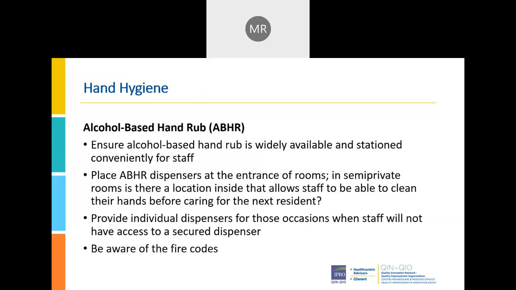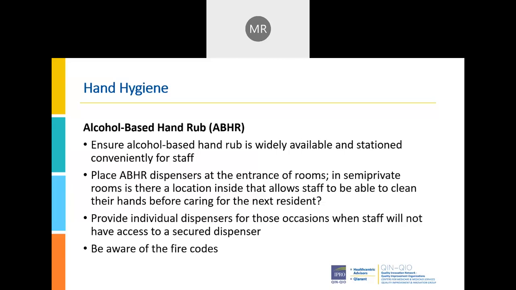So that is a question. If you walk away today with one thing, go out and ask your staff, is there any other places it would be helpful to have alcohol-based hand rub to make it easier for them to clean their hands? You can still see if you look at deficiencies that hand hygiene remains a common deficiency. So there's always opportunity to improve on hand hygiene.